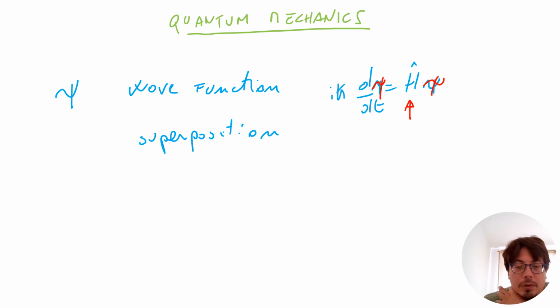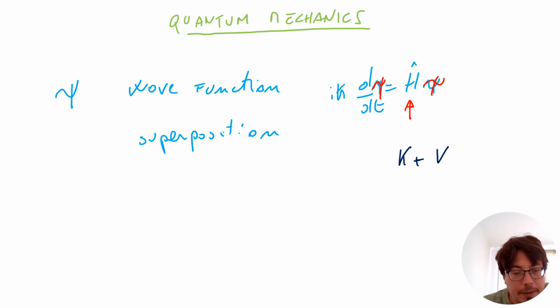At the moment, I'm not going to discuss the structure of the Hamiltonian, the energy of the system, but just to give you an idea, usually, as in classical mechanics, it is composed of two components, which are the kinetic energy and the potential energy. We never talked about energy.